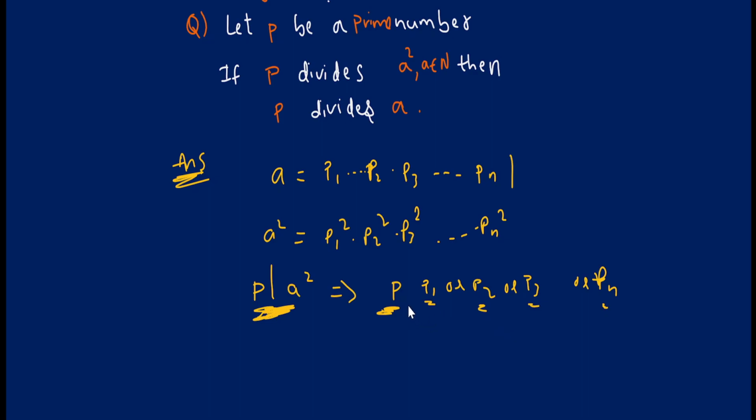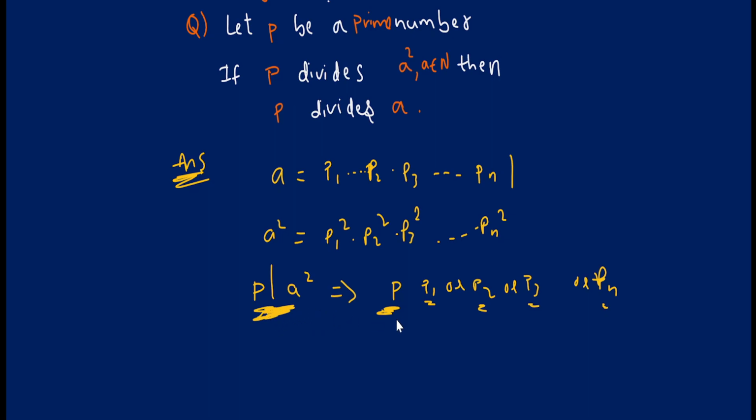Because let's assume if p is not any of these numbers, it's not p1, it's not p2, it's not p3, it's not pn, it's something else which is not present in these n numbers, then the statement p divides a square is not possible, because p is a prime number and it is dividing a square.